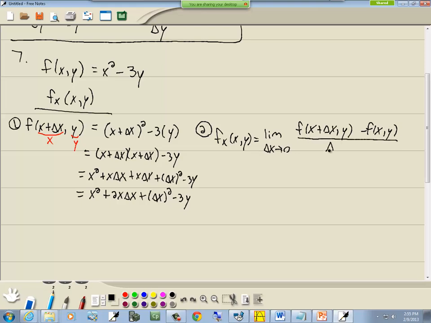Okay, so we're going to have the limit as delta x goes to 0, and this we just found in our first step, so we'll plug that in. So we've got x squared plus 2x delta x plus delta x squared minus 3y, minus f of x, y, which was the x squared minus 3y, all over delta x.